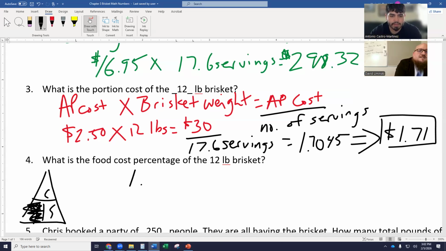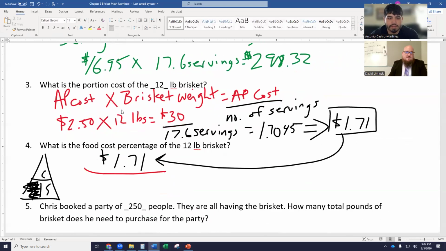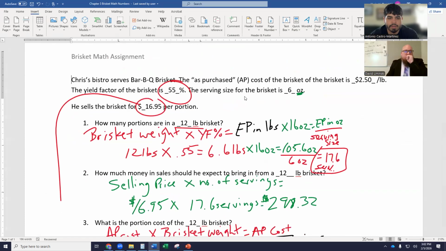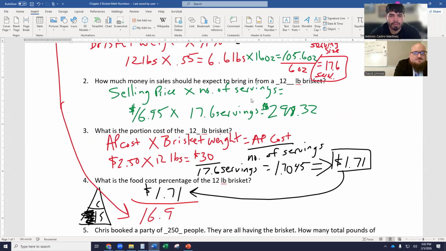My cost is $1.71, and I'm going to divide it by my selling price, $16.95.